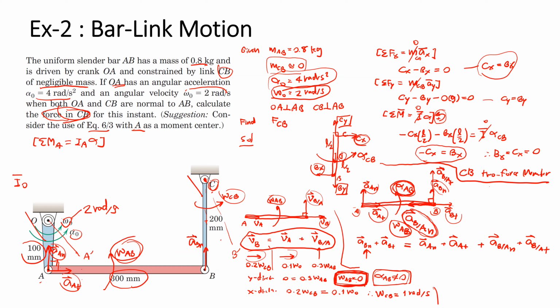Magnitude is omega CB square R, where R is 0.2. ABT is directed to the right-hand side, with magnitude depending on the alpha of CB multiplied by the radius 0.2.